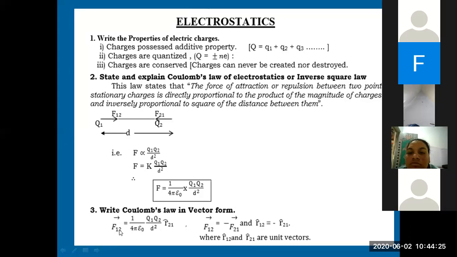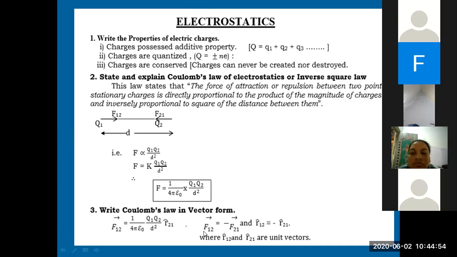Here if you write 1, 2, in R cap you should write it as 2 and 1. That's the difference. F12 means here you will write it as R21. Its value is 1, so you need not worry about anything. F12 will be equal to 1 by 4 pi epsilon naught Q1 Q2 divided by D square into R21. R12 will be equal to minus of R21.